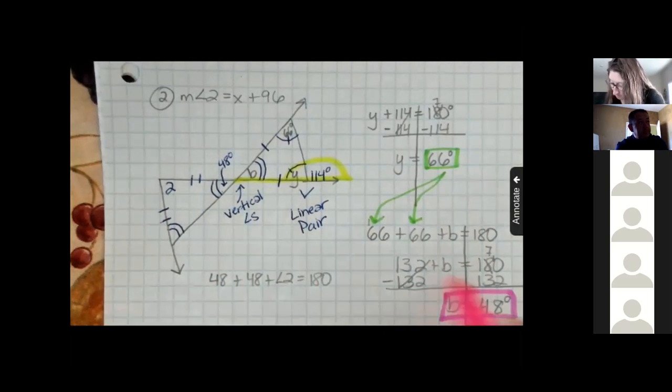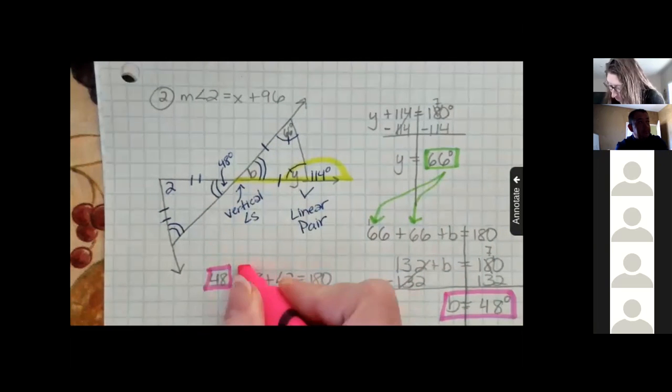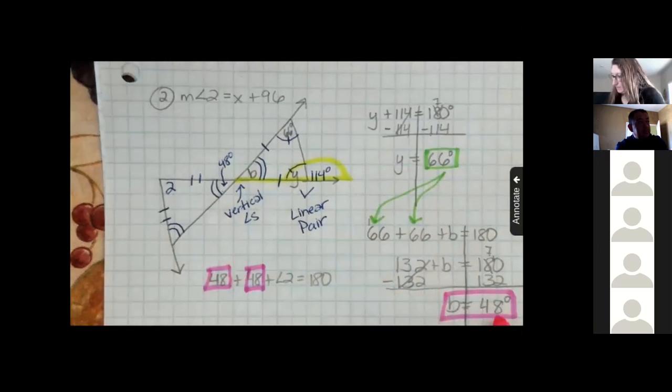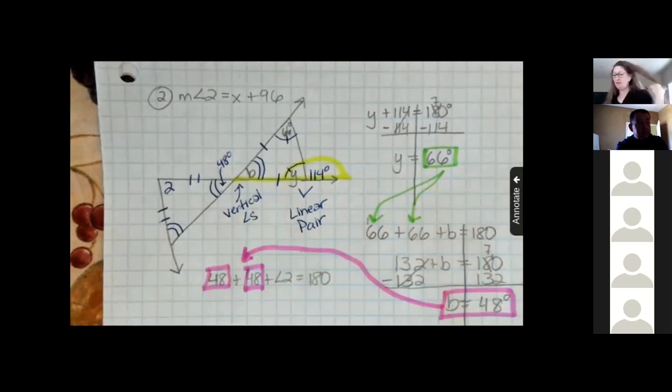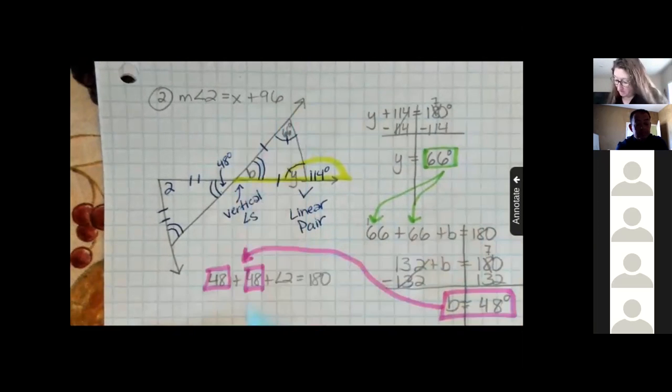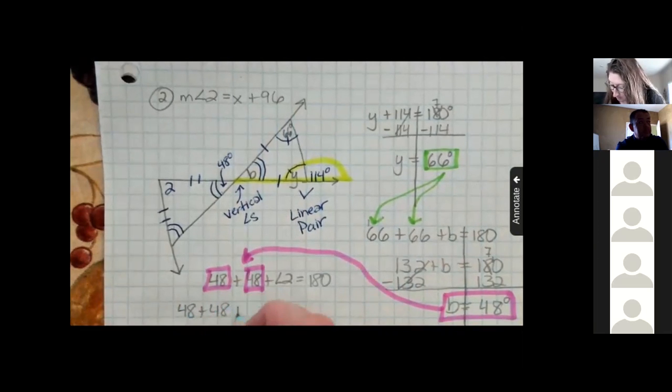This is where I got this from, right here. All right, now I know that the measure of angle 2 is X plus 96. So I'm going to fill that in.